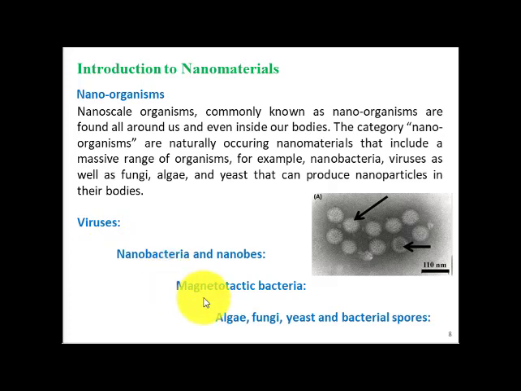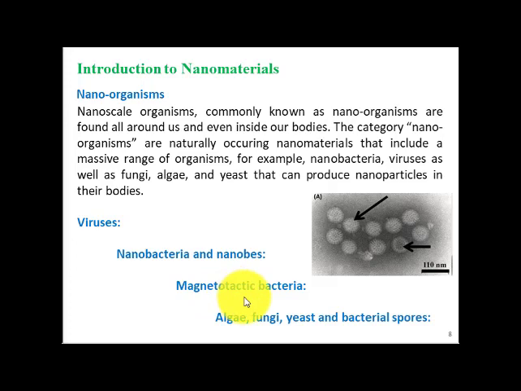The third one are magnetotactic bacteria. Magnetotactic bacteria are highly helpful to produce magnetic oxide nanoparticles that possess unique properties such as supermagnetism, high corrosive force, and microconfiguration, which can be utilized for biological separation and in the biomedicine field.